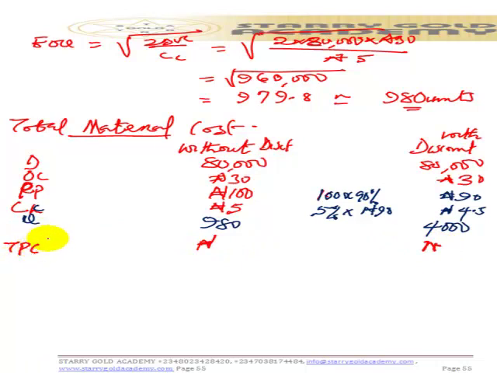Our total purchase cost is the annual demand times the purchase price, so 80,000 times 100, which gives us 8 million. For the one with discount, we have 80,000 times 90.